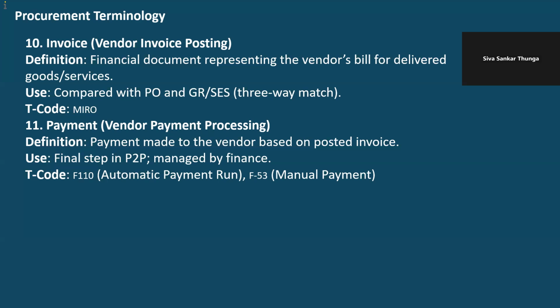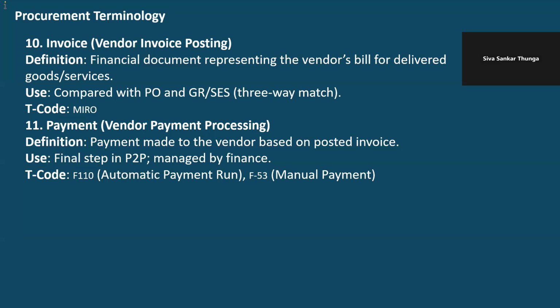into his bank. So this is the process of procurement, starting with the purchase requisition, RFQ, then maintain RFQ, then compare RFQ, then for the best vendor a PO will be given. Once the PO is given, in case of material, MIGO will be performed, that is goods receipt. If it is a service, SES will be performed.